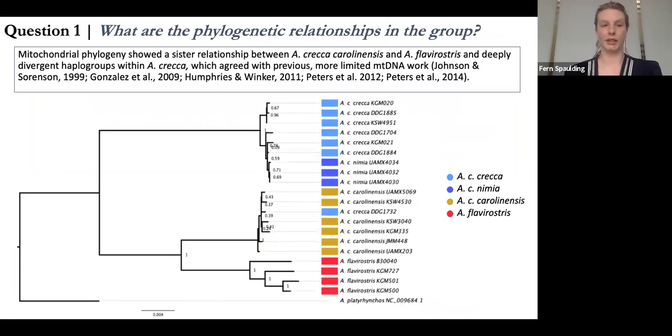Again, looking at our mitochondrial phylogeny, it showed a sister relationship between the North American green-winged teal and the South American yellow-billed teal, with a sister relationship here being between the Eurasian common teal and the Aleutian green-winged teal. This overall topology did agree with previous work that was more limited with mitochondrial data.